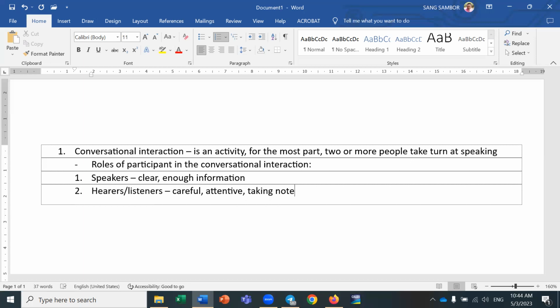After the speaker finishes his or her turn, the listener needs to take their turn as the speaker. So people taking part in this conversational interaction take their turns as the speaker, sometimes their turns as the listener, and the listener takes their turn as the speaker sometimes. So that's how we define conversational interaction.